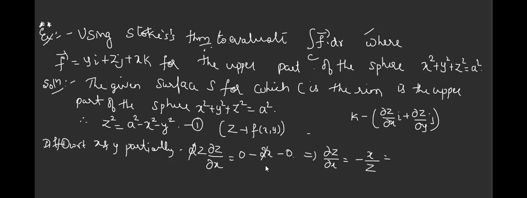Now, if you want it in terms of x and y, better you write minus x upon z. See, z square from equation 1 is a square minus x square minus y square. What is z? Tell me the value of z. Square root of a square minus x square minus y square.